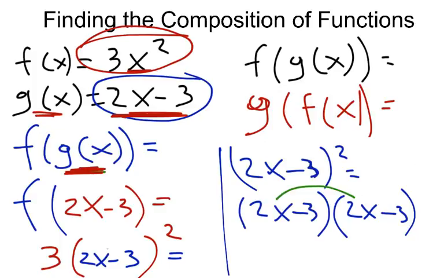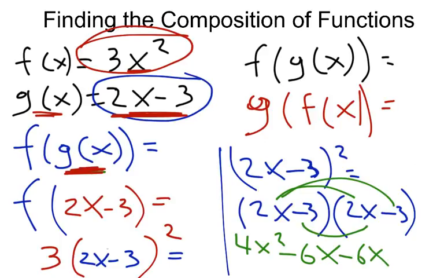Alright, 2x times 2x is 4x squared. 2x times negative 3 is negative 6x. Now negative 3 times 2x is negative 6x. Negative 3 times negative 3 is positive 9.